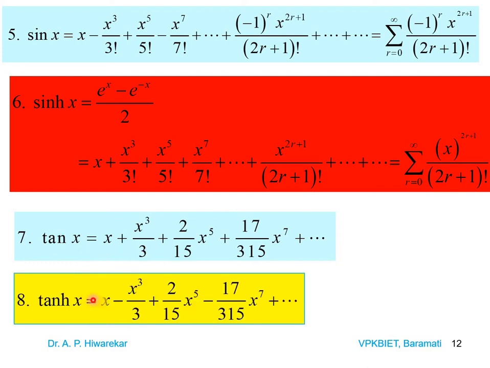All these results are important. Tan hx, as I told you, has plus minus sign alternate. So tan hx is x minus x cube by 3, the same series. Only what is the difference? Here plus sign everywhere, here plus minus plus minus. So tan hx is x minus x cube by 3 plus 2 by 15 x to the power 5 minus 17 by 315 x to the power 7 plus and so on.